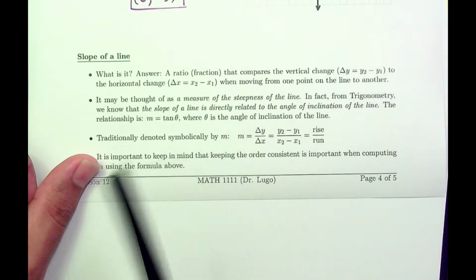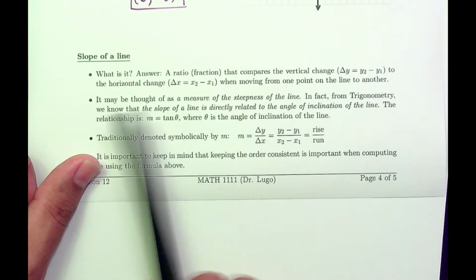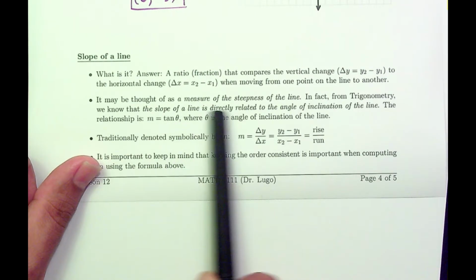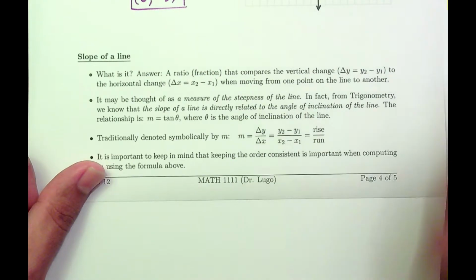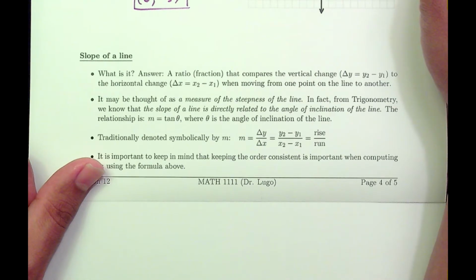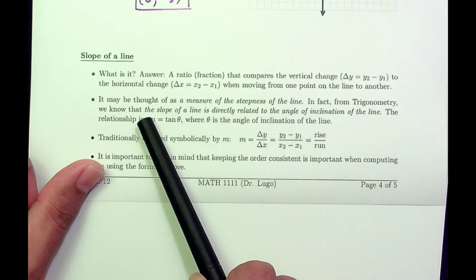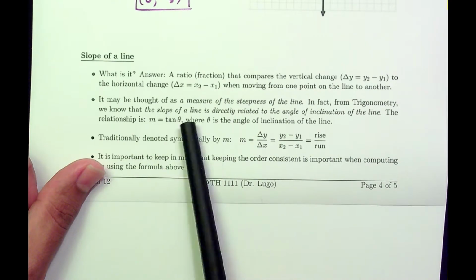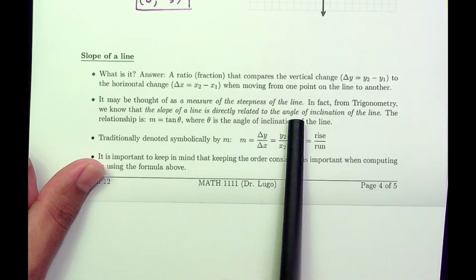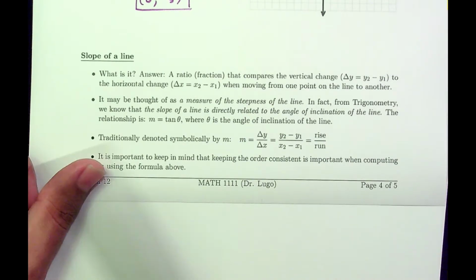The slope may be thought of as a measure of the steepness of the line, because in fact, from trigonometry, it is known that the slope of a line is directly related to the angle of inclination of the line.